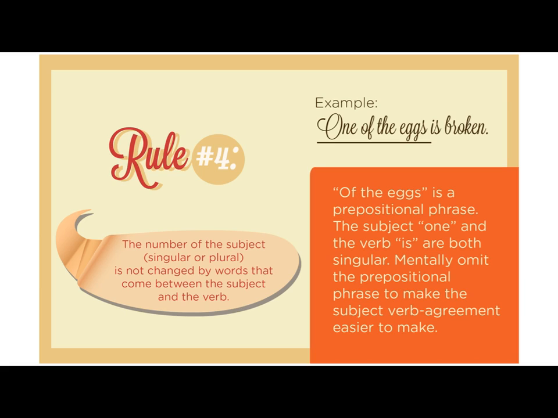By seeing the word eggs itself, we will come to the point that it is plural. But of the eggs is a prepositional phrase. The subject one and the verb is are both singular. Mentally omit the prepositional phrase to make the subject-verb agreement easier to make.